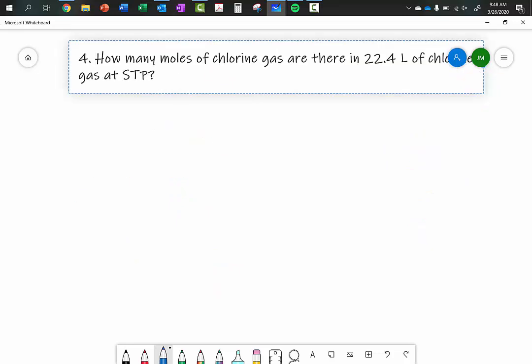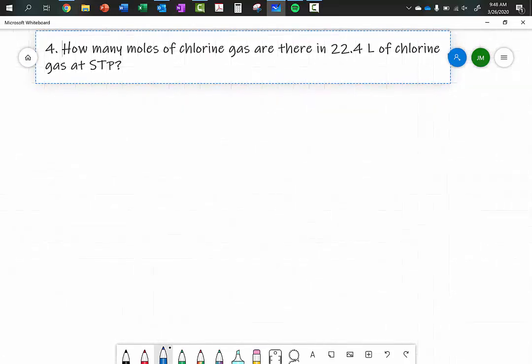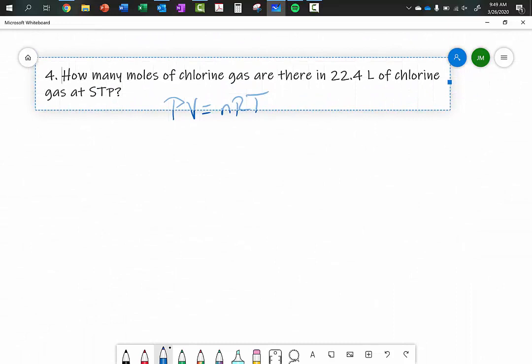All right, number 4 reads, how many moles of chlorine gas are there in 22.4 liters of chlorine gas at STP? Here we're dealing with moles, and I know that there's only one equation that deals with this, and that's the ideal gas law. The ideal gas law says PV is equal to nRT. One thing to keep in mind is that we're going to use R as a constant.